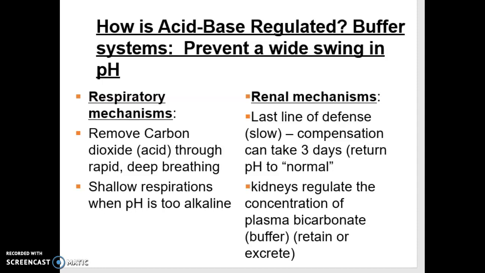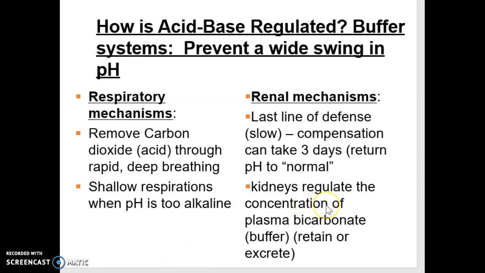If it needs to slow things down, because say you're hyperventilating, then it's going to try to trigger you to slow down, to raise your pH when your pH is too low, to have you hold on to a little bit more carbon dioxide.